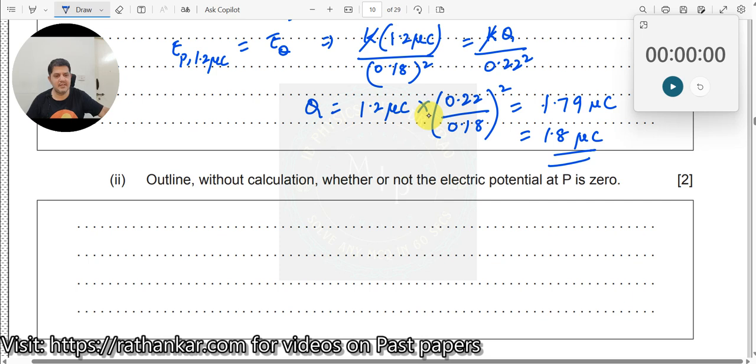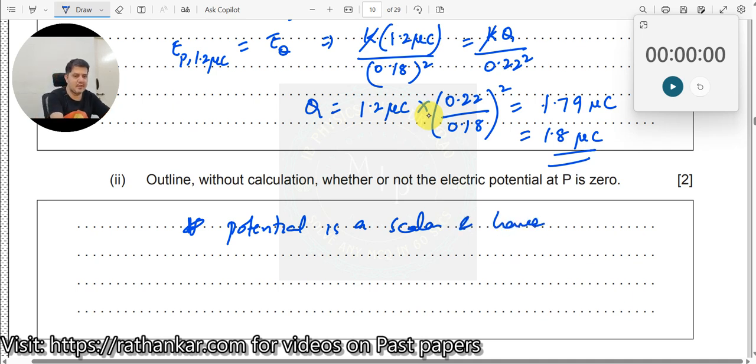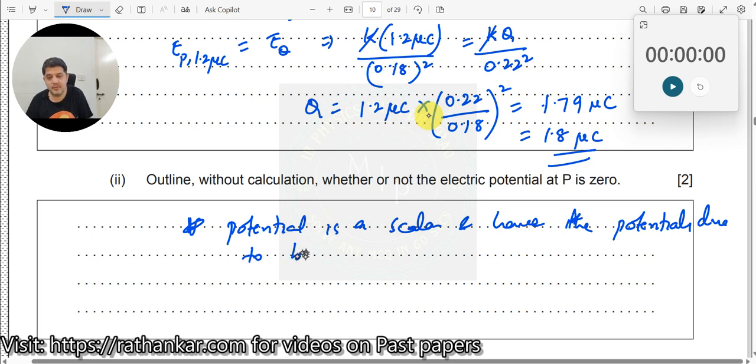You will write that potential V is a scalar, and hence electric potential is not 0, and the potentials due to both the charges get added up, and is greater than 0.